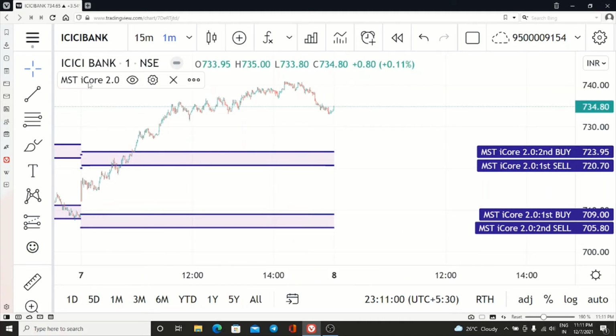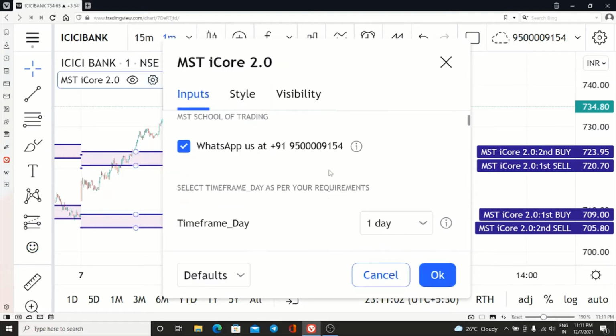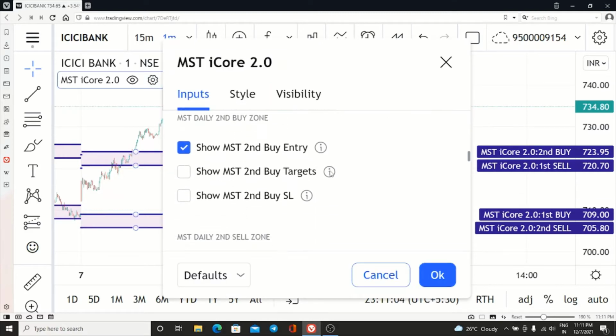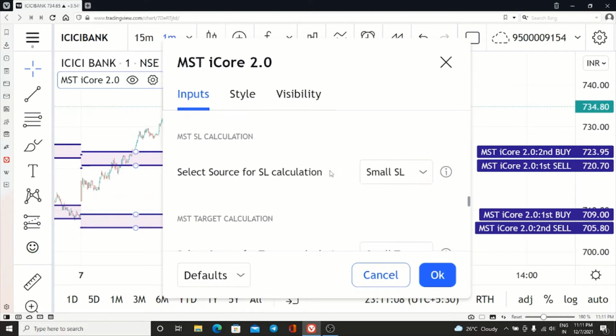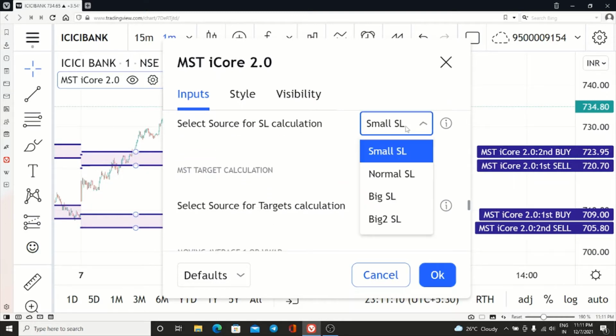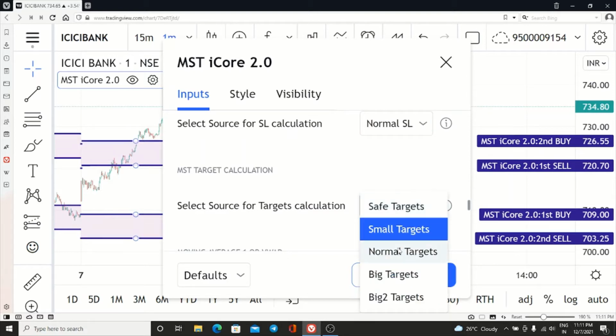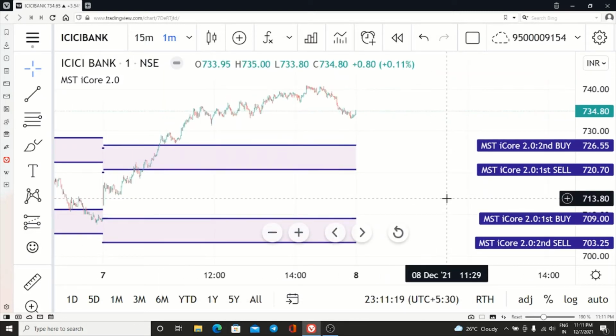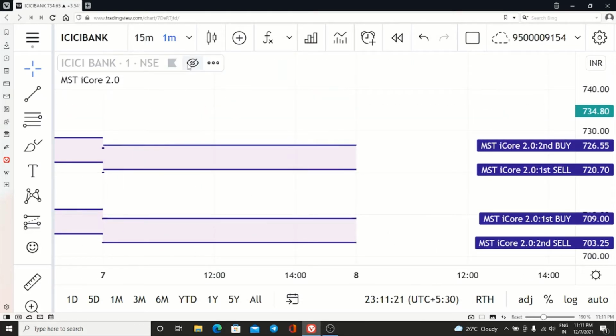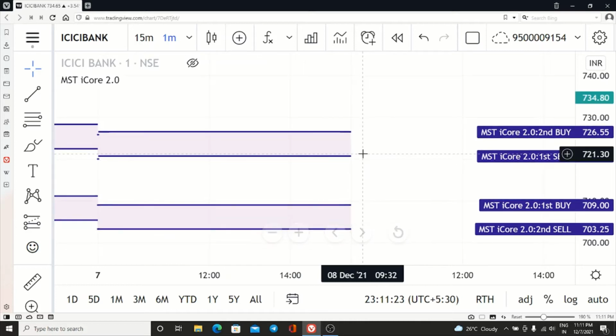If it is a small 3-digit price, select normal SL and normal targets. So now our entry price, exit price, and stop loss are ready.